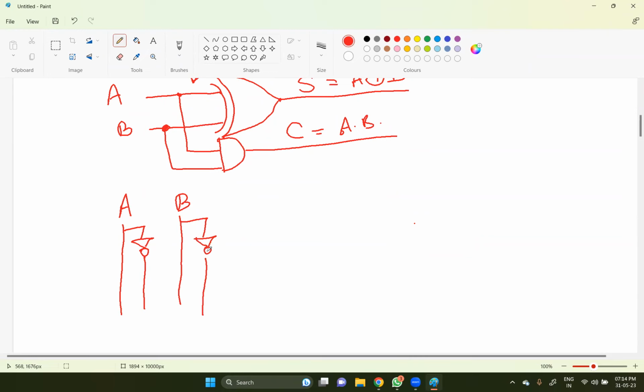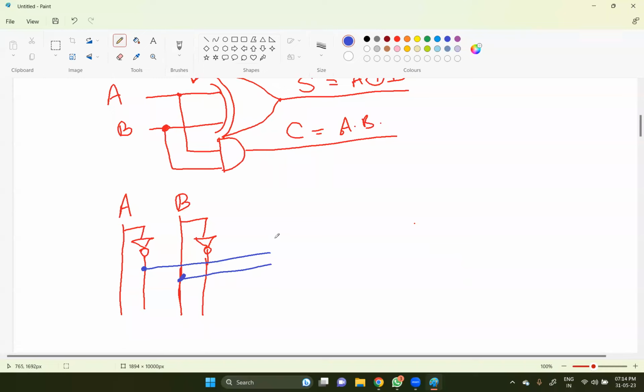Now you could draw A complement B plus A B complement. So A complement B. Let me take some other color, then it is very easy to understand. This is A complement and this is B here.